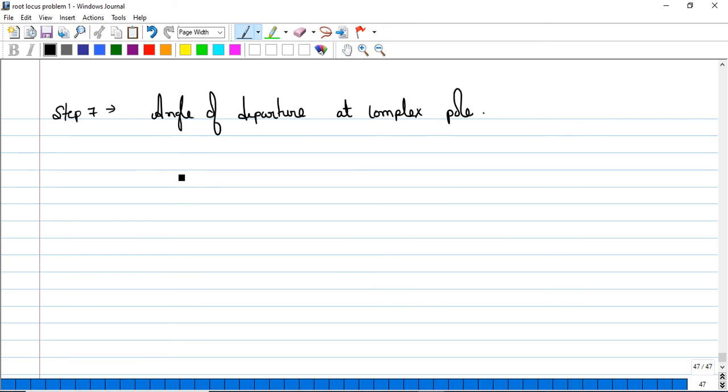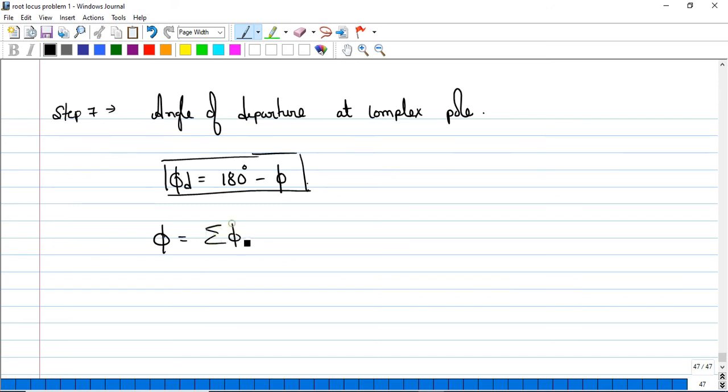The angle of departure will be 180 degrees minus, and this particular value can be identified with the summation of angles made by poles minus the summation of angles made by zeros.